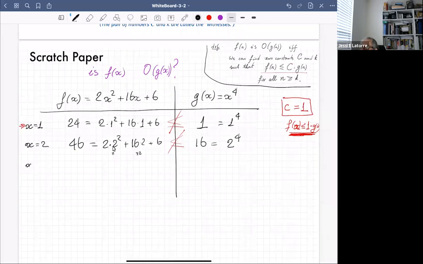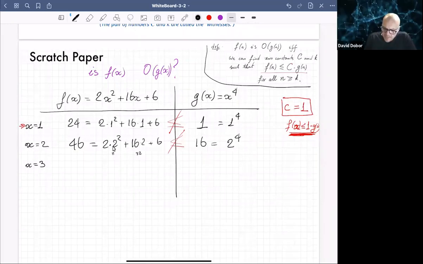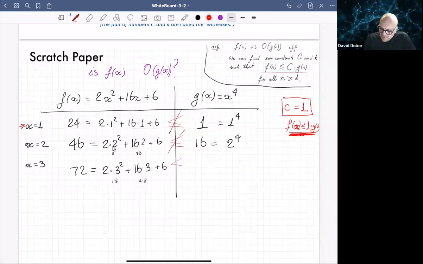How about when x is 3? When x is 3, I'm talking about 2 times 3 squared plus 16 times 3 plus 6. On the left-hand side, I have 72. Is this less than or equal to 3 to the 4th?